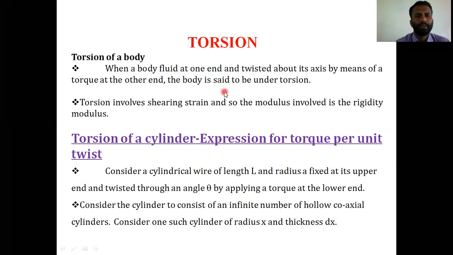We discuss the torsion of a body. Torsion of a body is when the body is fixed at one end and twisted about its axis by means of a torque at the other end.